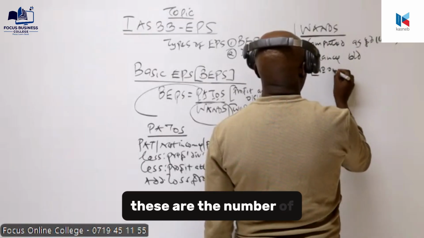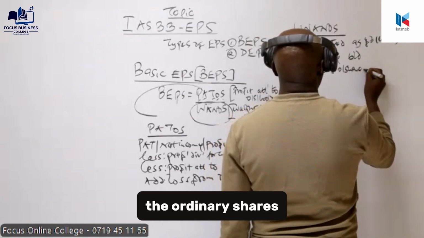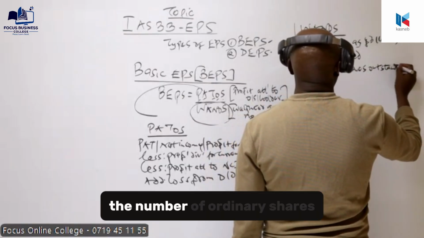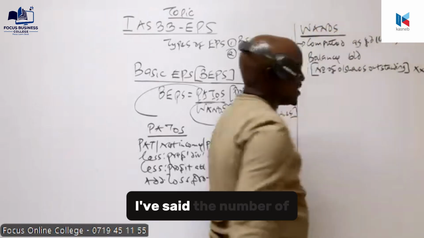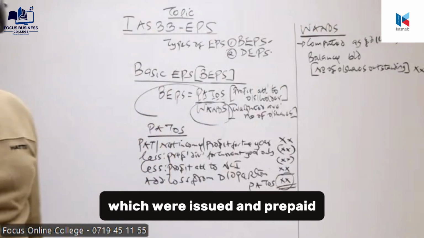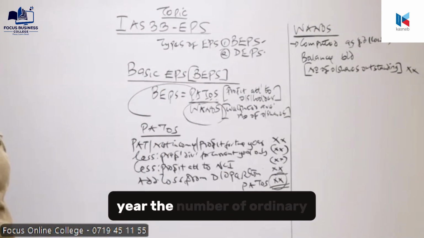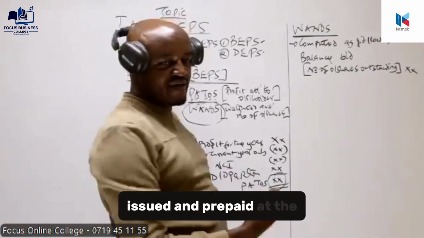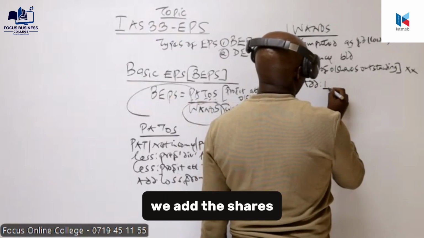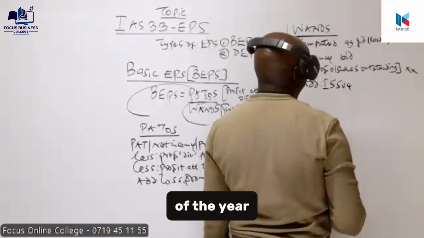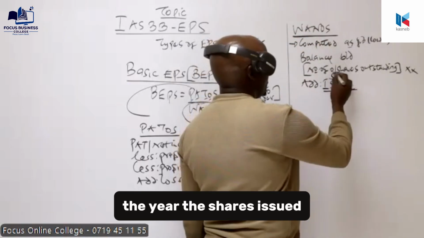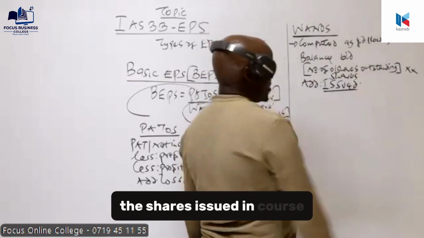We are saying that these are the number of ordinary shares which were outstanding at the start. These are the ordinary shares which were issued and fully paid at the start of the year, and then to this we add the shares which were issued in the course of the year.